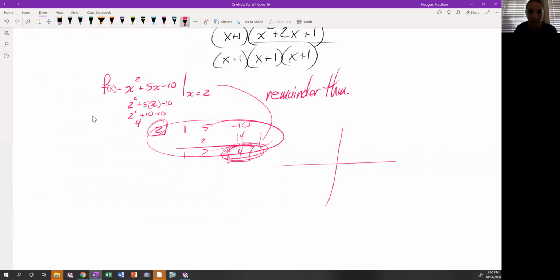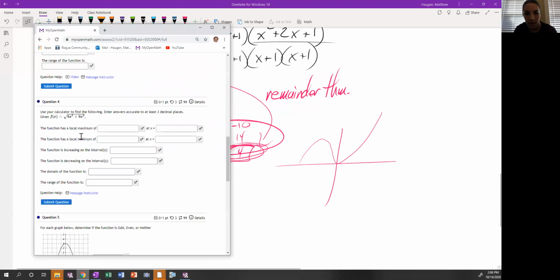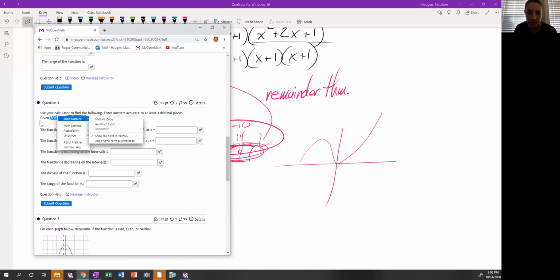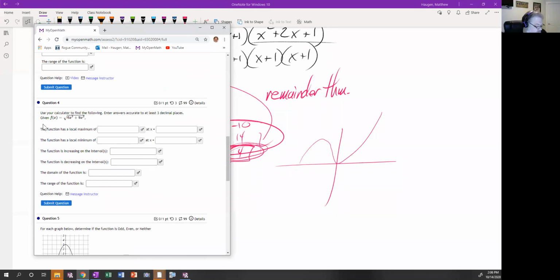Or, I guess, no, wait. It just extends upwards at infinity, basically. Okay.